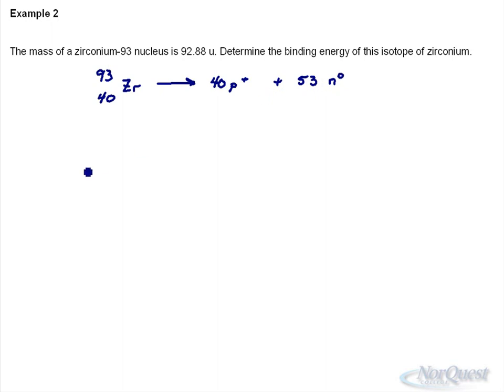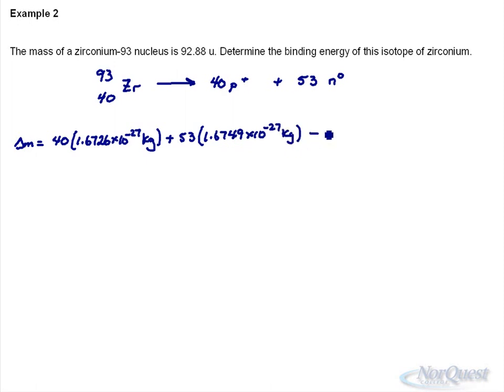So again, what we need to do is find the mass defect. So change in mass equals 40 times mass of the proton, 1.6726 times 10 to the negative 27 kilograms, plus 53 times 1.6749 times 10 to the negative 27 kilograms.